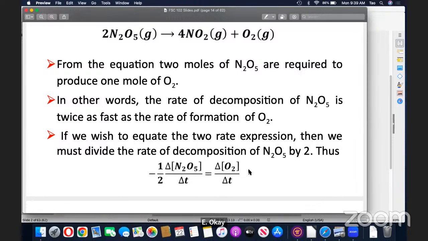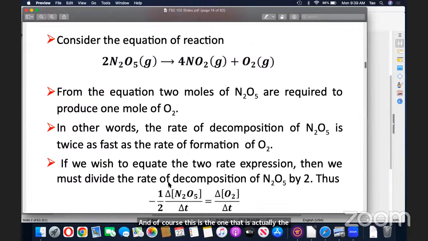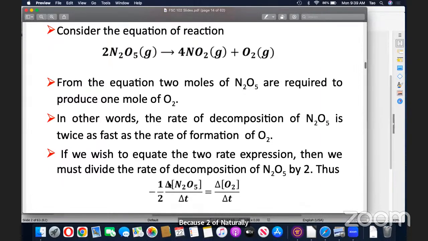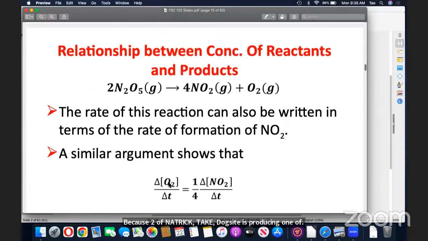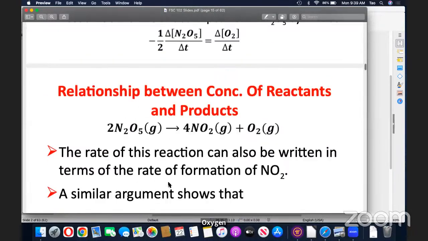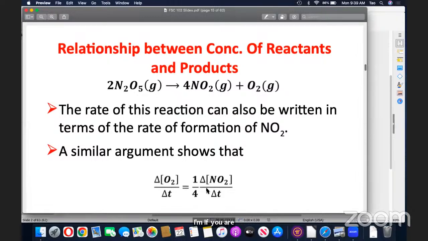Of course, we can't be multiplying, because we need the exact rate, and this is the one that is actually the lowest. You're dividing this by 2 because 2 of nitrogen pentoxide produce 1 of oxygen. And if you're comparing nitrogen dioxide and O2, the rate of formation of NO2 is 4 times as fast as the rate of production of O2.